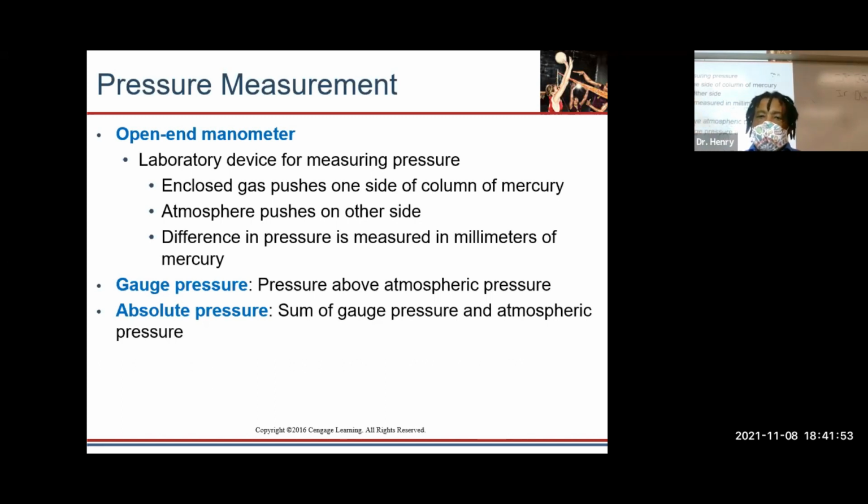One side will be opened up to the atmosphere, and the other side will be opened up to a bottle or a flask or something. Then we could actually measure the amount of pressure that gas is exerting. I'll show you what it looks like in a second.